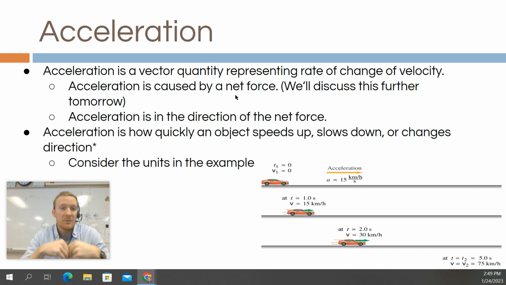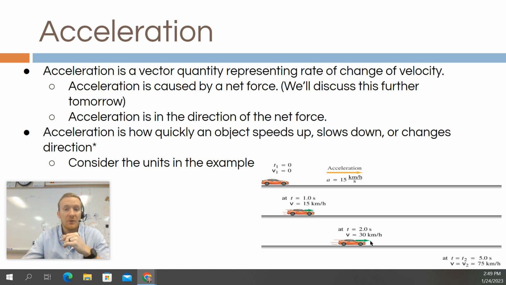So like I said earlier, acceleration is how quickly an object speeds up, slows down, or changes directions. You can consider this little infographic as an example. Here you'll notice we have a car that's going to be getting faster and faster over time, right? So its speedometer is going up. At time 0, it's not moving at all. A second later, it's going 15 kilometers an hour.